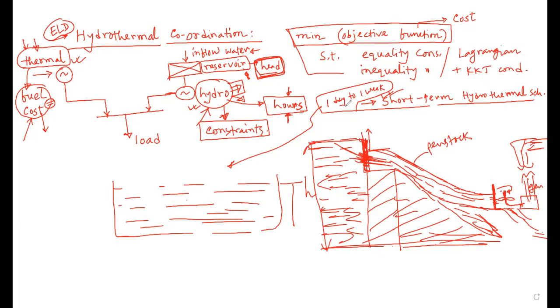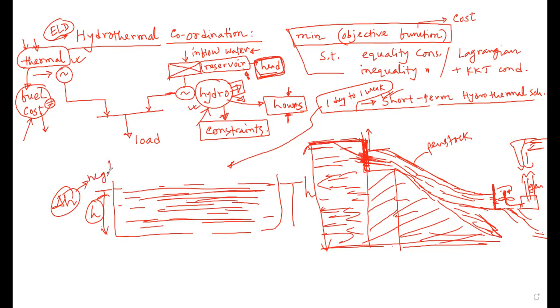This is the head, and whatever change in the head level occurs in a day is pretty much negligible, considering the reservoir is very, very large. Whatever del H happens in a day is negligible.